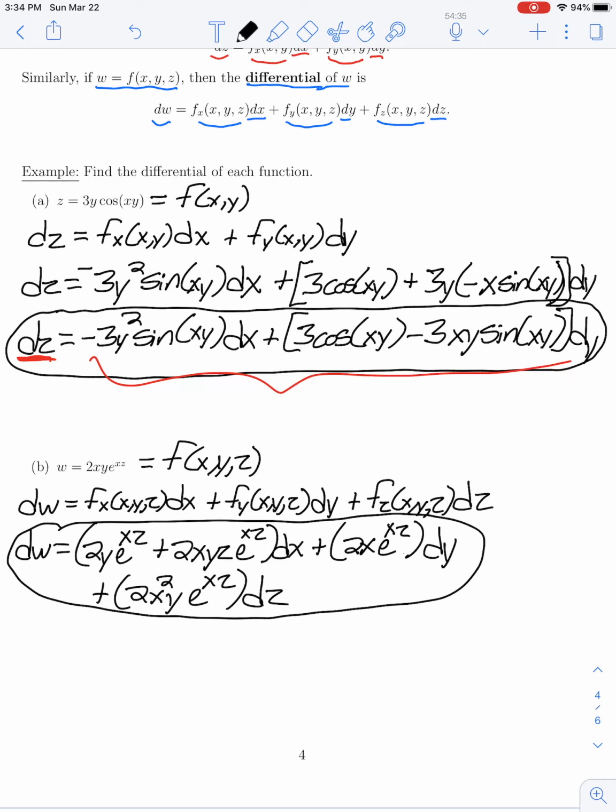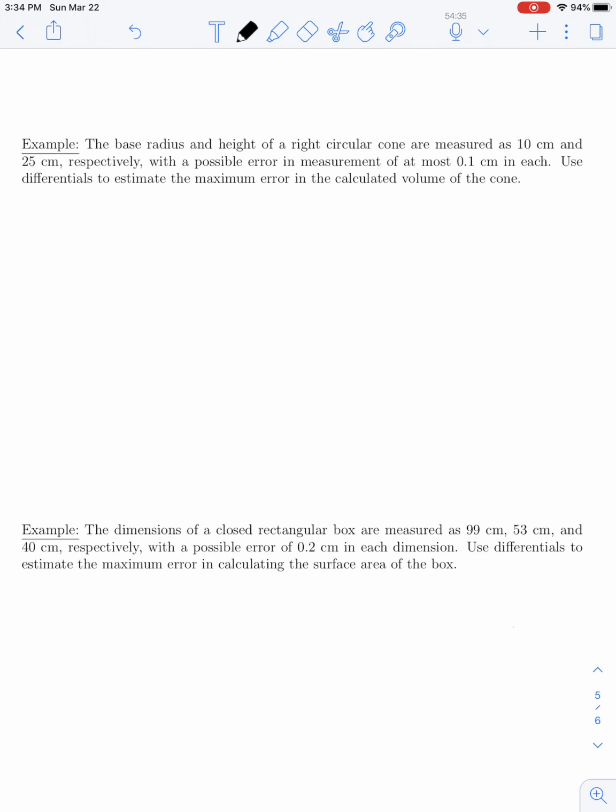Okay. Now in the last couple of examples that we will consider in this section, we'll look at some applications of differentials in determining, say, the error that would occur in some quantity if we had small errors in measurement. So as an example of this, let's consider the following.